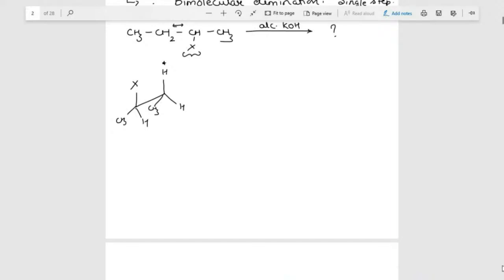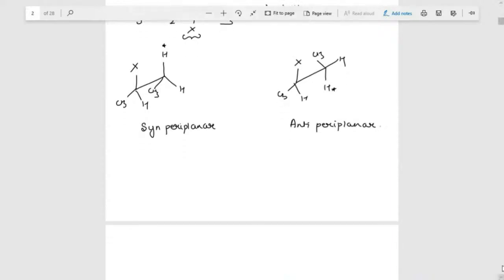So this you can say is a syn periplanar conformation. There is another possibility that X, H, CH3, H, CH3, and H could arrange like this. This is called anti-periplanar conformation. Just keep these two things in mind.